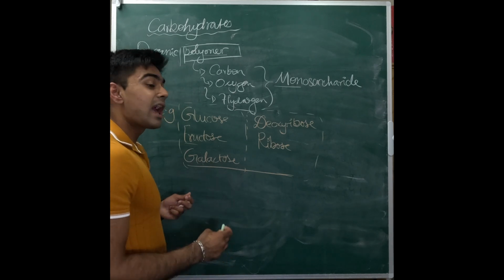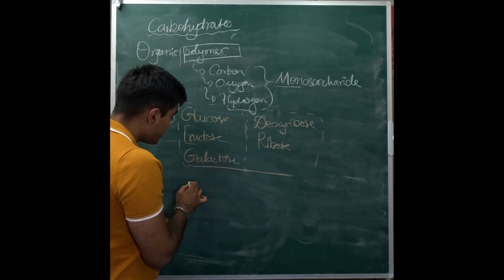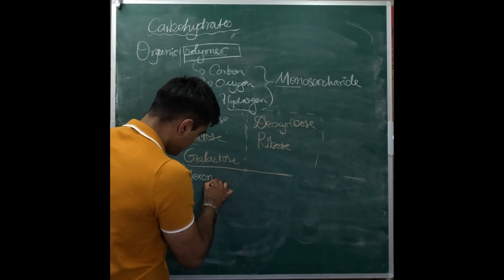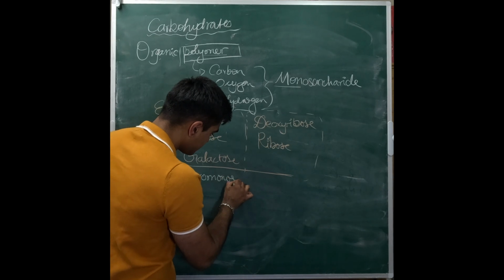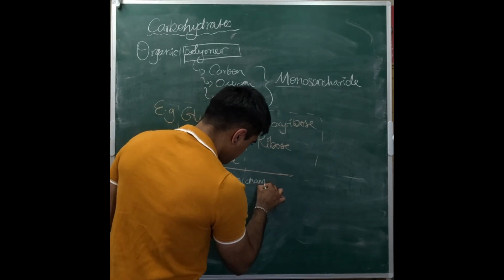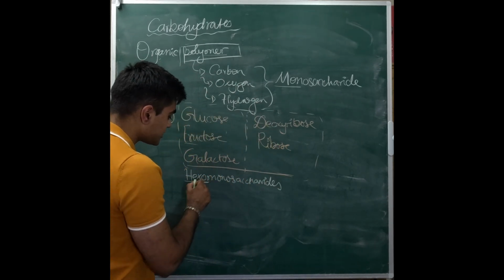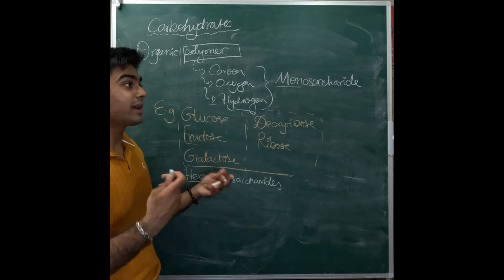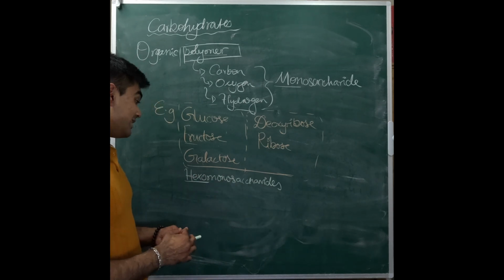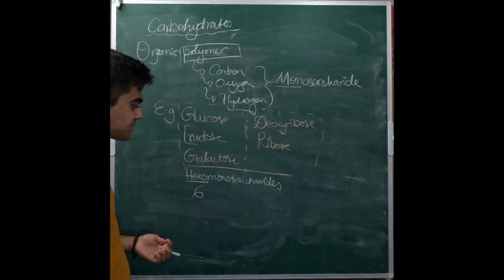So, how many carbon atoms do they have? Well, these three are known as hexo monosaccharides, and the hexo bit means, from we know hexagons, 6 sides. So hexomonosaccharide, yeah, it's as simple as that. It's just 6 carbon atoms.